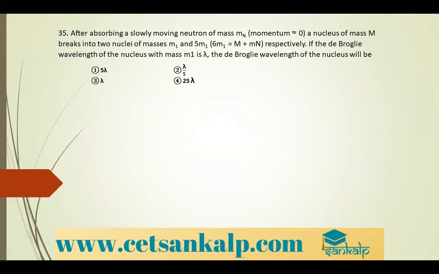After absorbing a slowly moving neutron of mass m1, a nucleus of mass m breaks into two nuclei of masses m1 and 5m1 respectively.